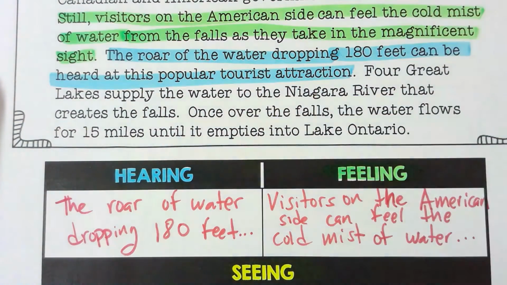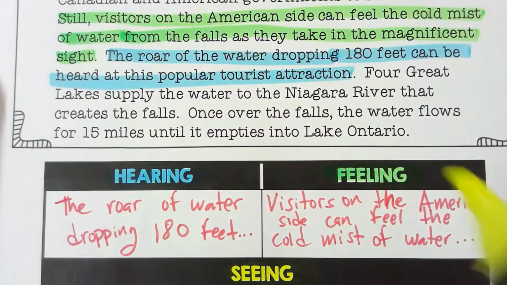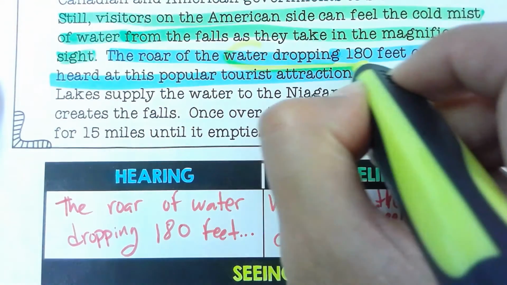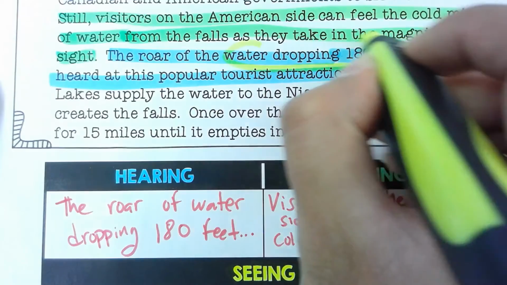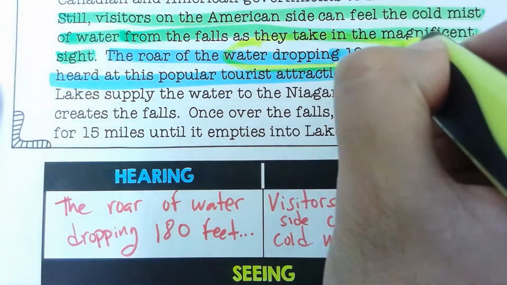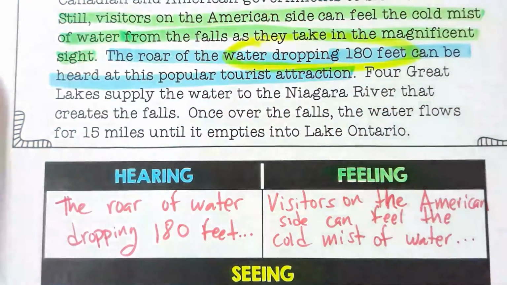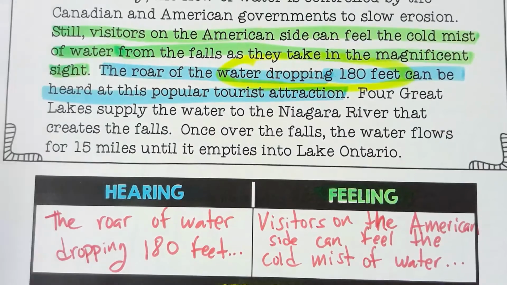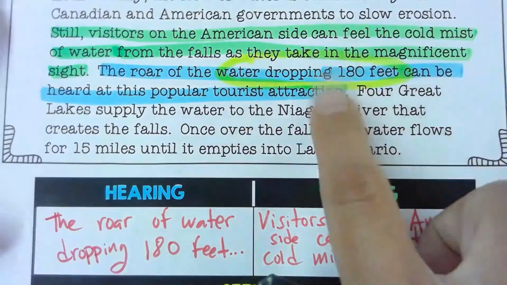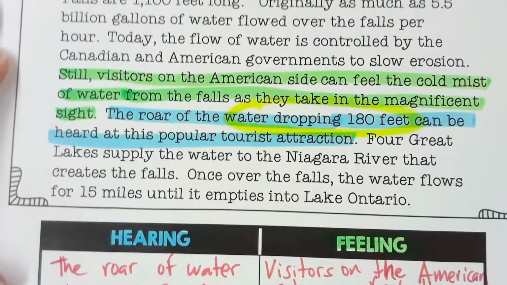And we've already used blue, so we're going to circle with our yellow highlighter. Water dropping 180 feet. You can actually see the water dropping 180 feet. That's quite a sight. So that's why I want you to circle in yellow.